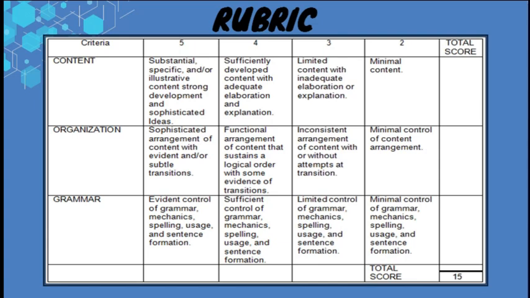You will be scored 3 if you have limited content with inadequate elaboration or explanation, inconsistent arrangement of content with or without attempts at transition, and limited control of grammar, mechanics, spelling, usage, and sentence formation. You will be scored 2 if you have minimal content, minimal control of content arrangement, and minimal control of grammar, mechanics, spelling, usage, and sentence formation.